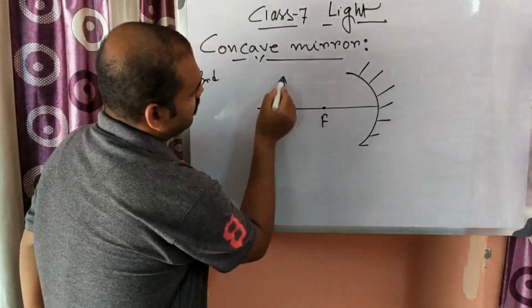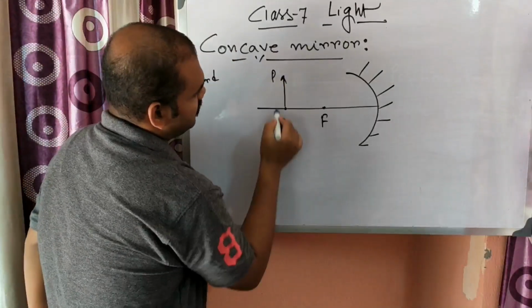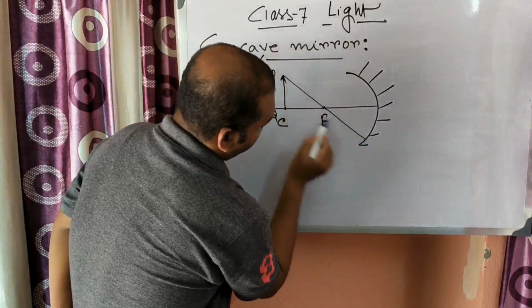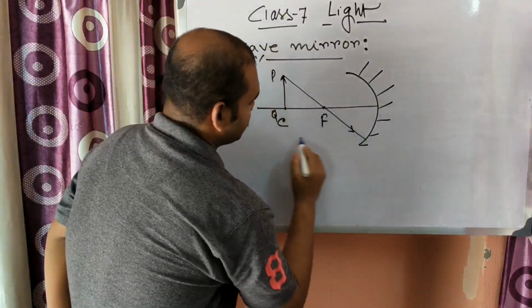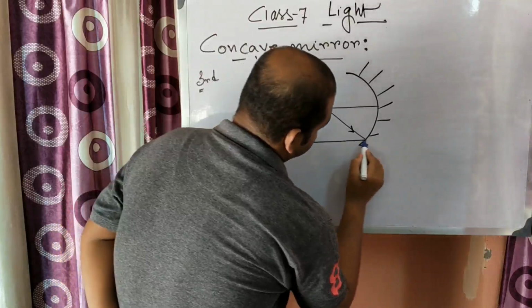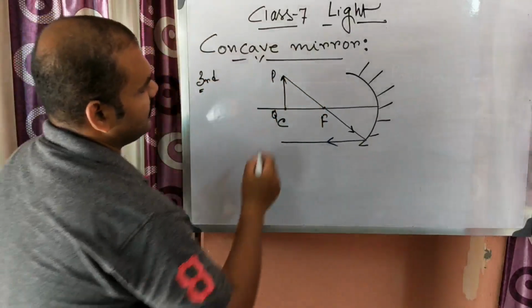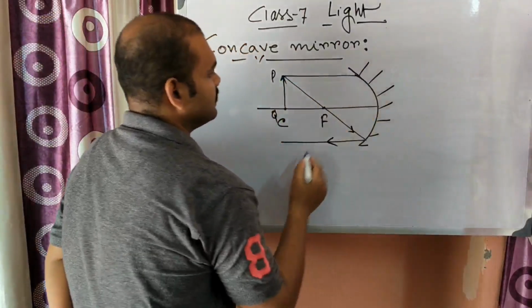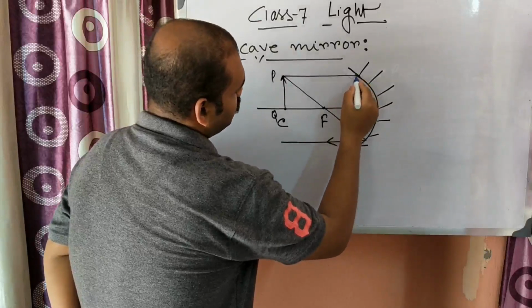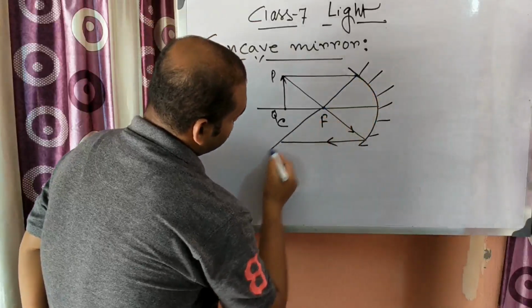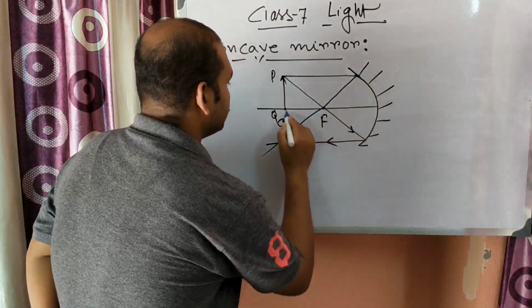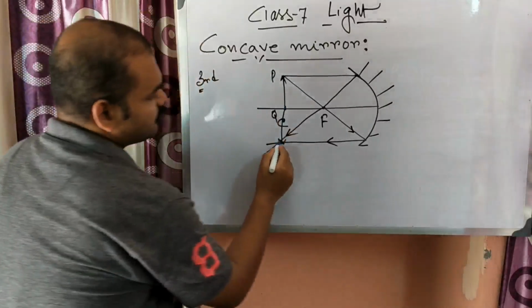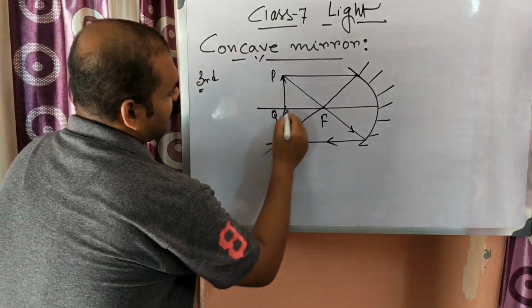A ray which is coming from point Q, passing through F, after reflection it will go parallelly, go like this, okay, and a ray which is coming like this parallel to the principal axis, after reflection will go through this focus, okay, and they will meet at this point and there we will get a particular image.